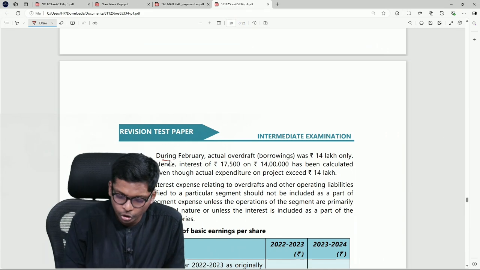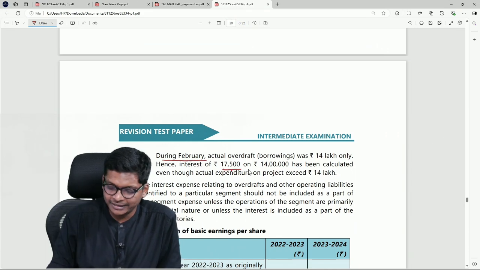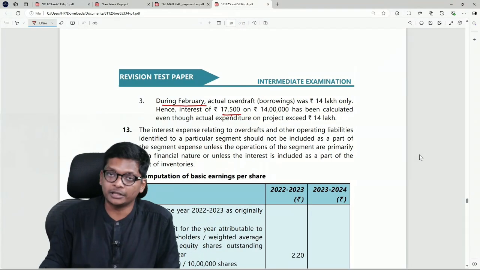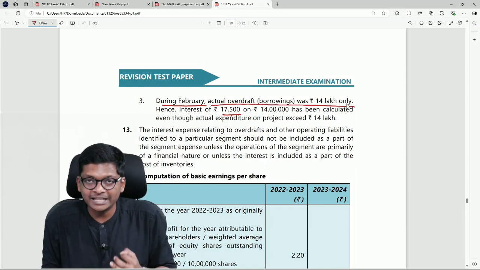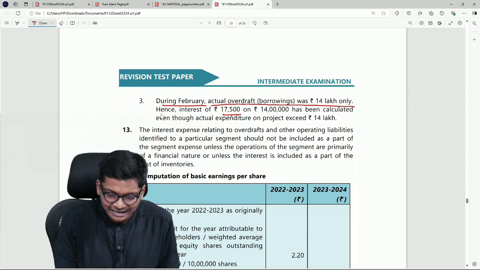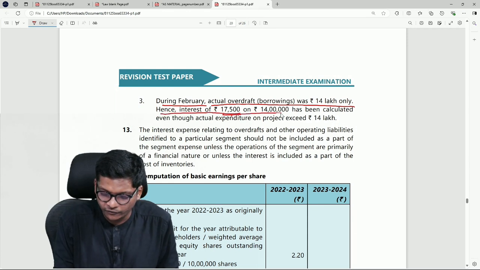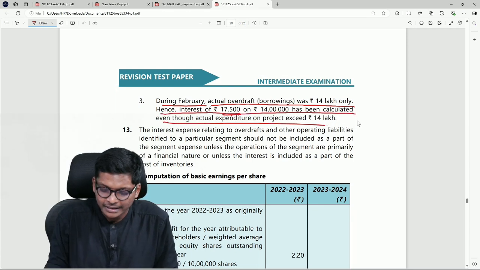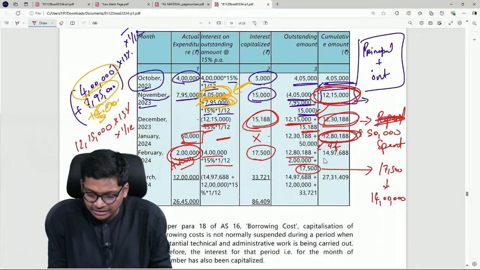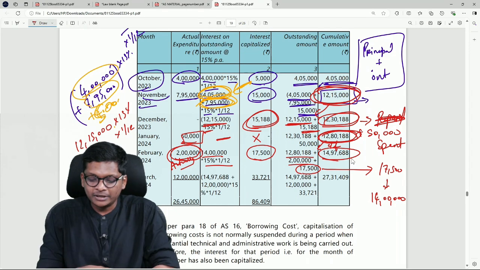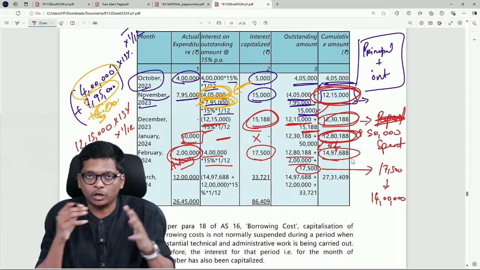During Feb, regarding the 17,500, I am sure you have a doubt. Actual overdraft borrowing was only 14 lakhs. Hence, interest of 17,500 on 14 lakhs has been calculated, even though actual expenditure on the project has crossed 14 lakhs.